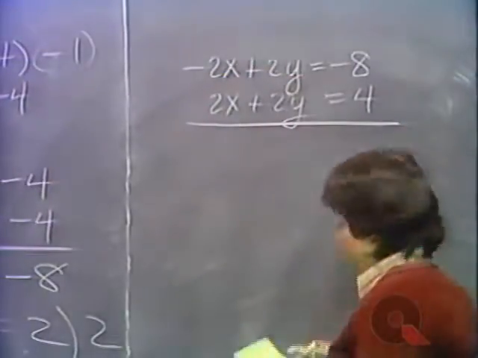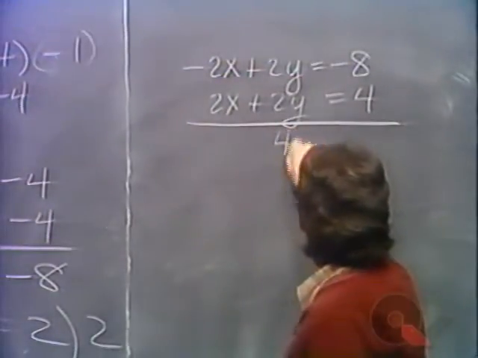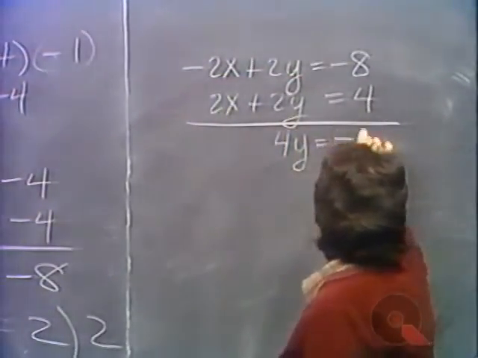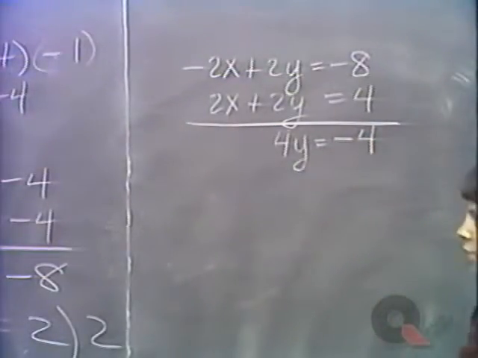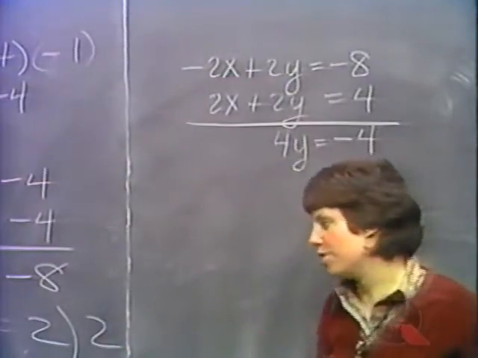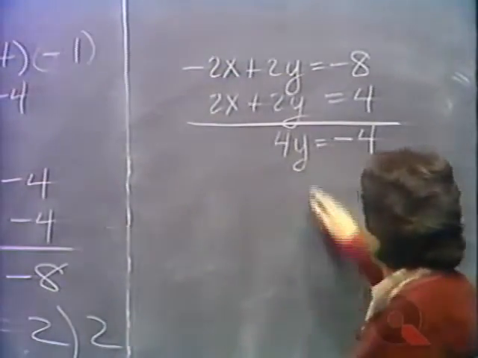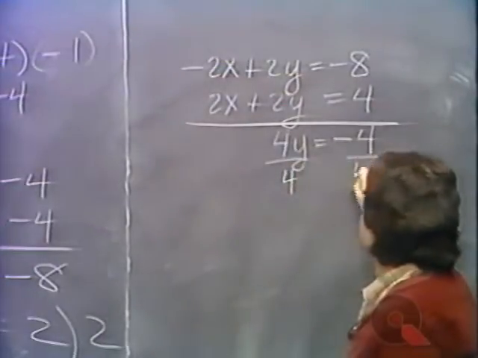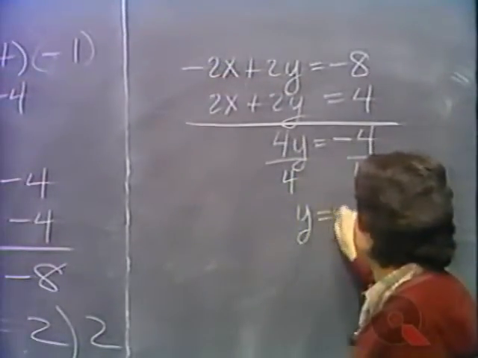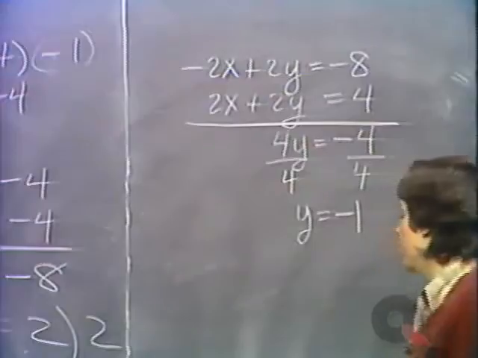We then add the equations and get 4y equals minus 4. We've eliminated the variable x from these two equations involving x and y. We now have an equation with only one unknown, y. We divide both sides by 4. We get y equals minus 1.